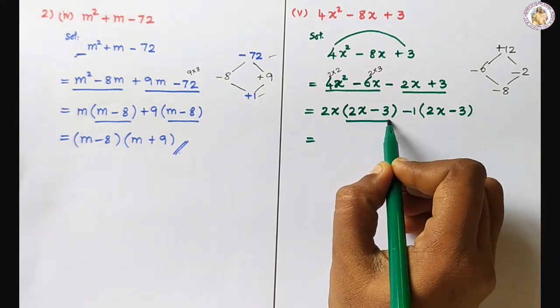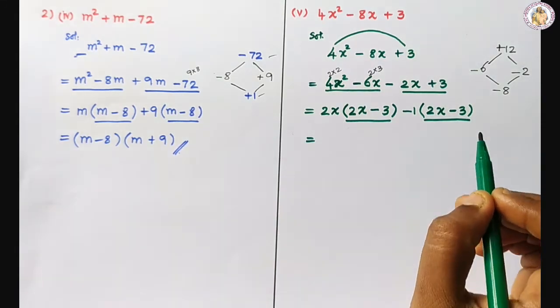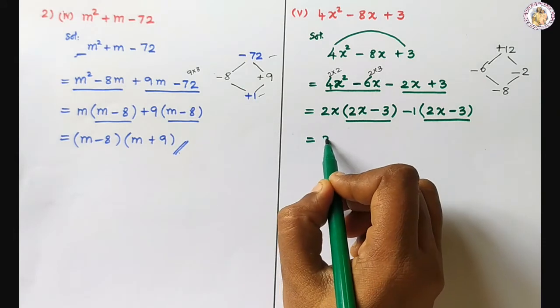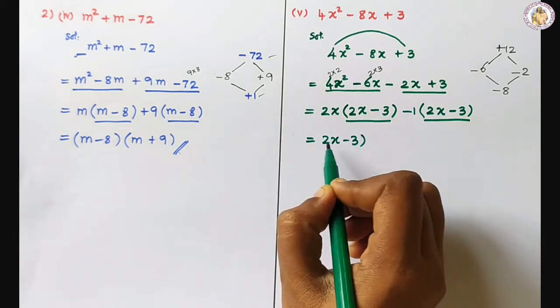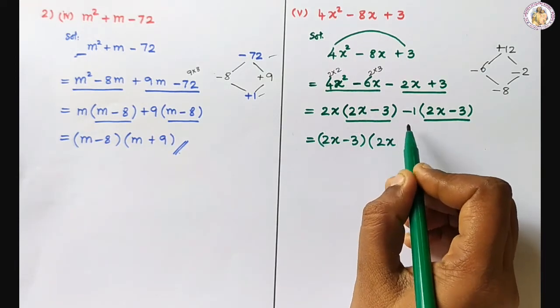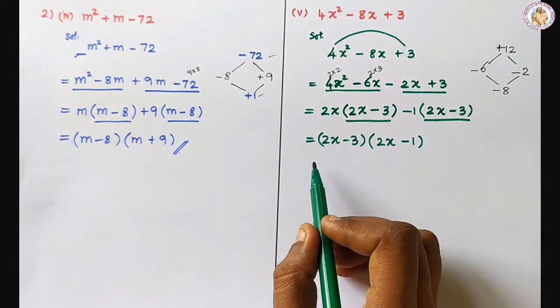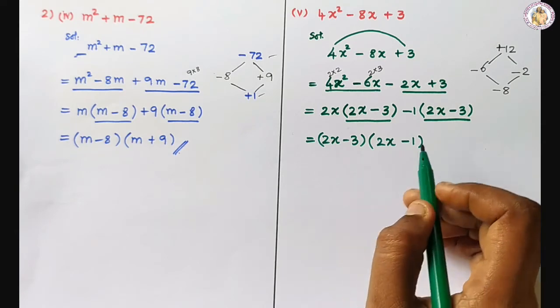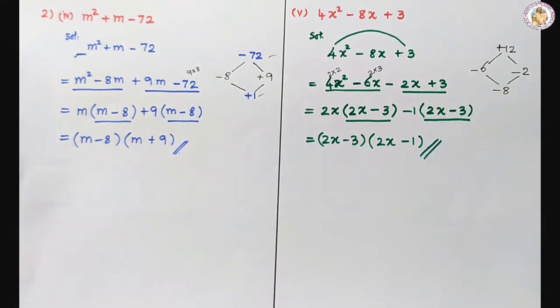Now in both the terms has 2x minus 3. So taken out as common 2x minus 3. What are the remaining here? 2x minus 1. So 2x minus 3 into 2x minus 1 is the answer.